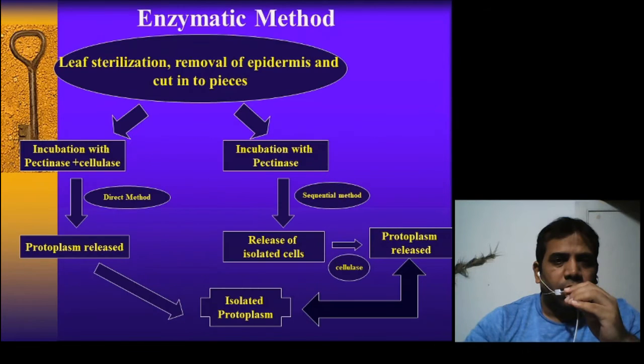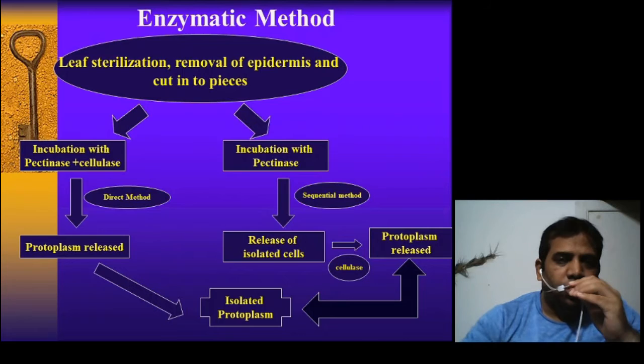This is a flowchart of the enzymatic method, where the leaf is initially sterilized, its lower epidermis is removed, and it is cut into pieces. Basically, there are two pathways. The first one is a direct method in which the leaf tissue is incubated with pectinase and cellulase. These break down pectin as well as cellulose to release the protoplast.